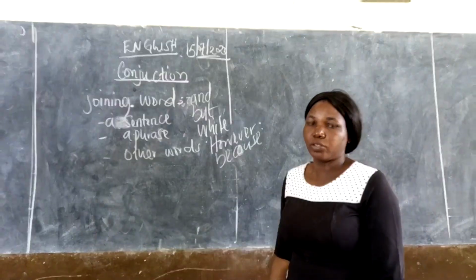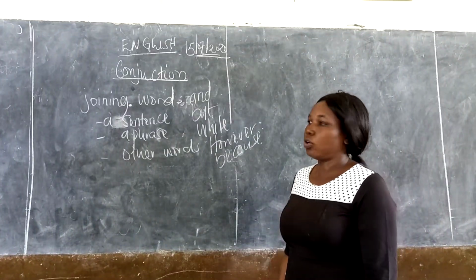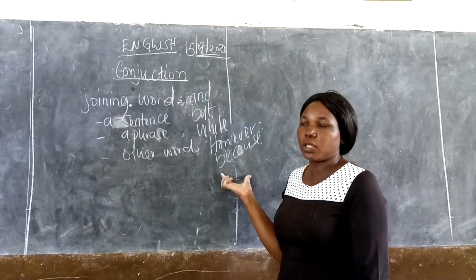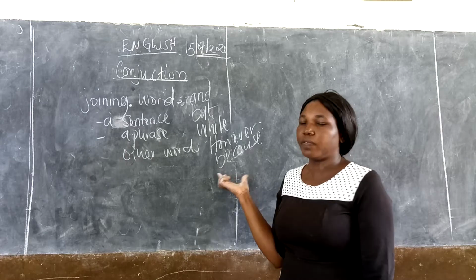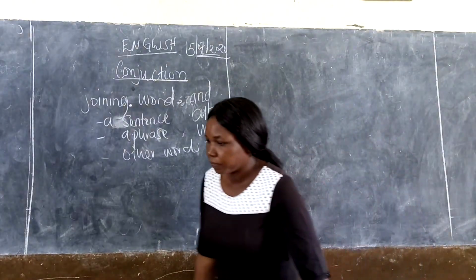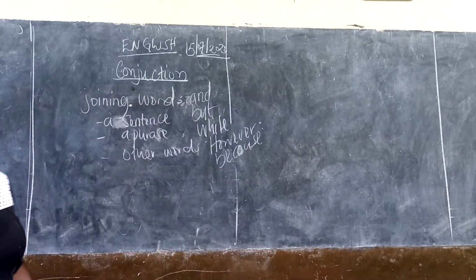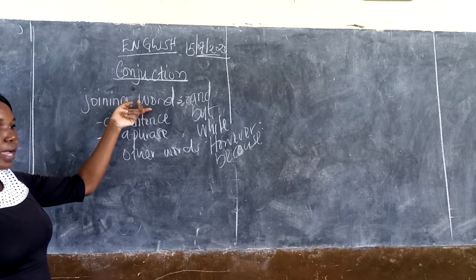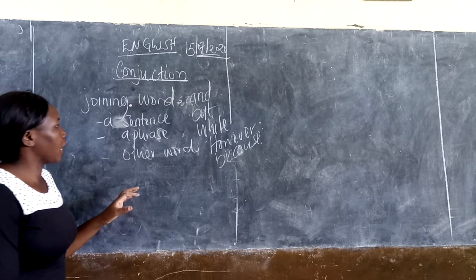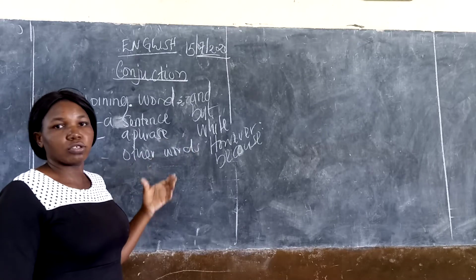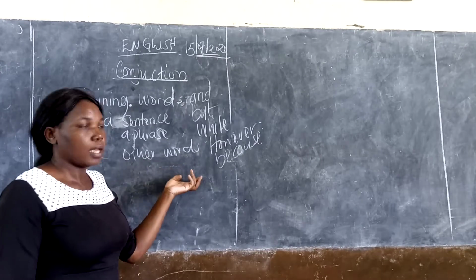There are very many conjunctions, but here I want us to go through different types of conjunction. I said conjunction is a joining word. This joining word can join a sentence, a phrase, or other words.